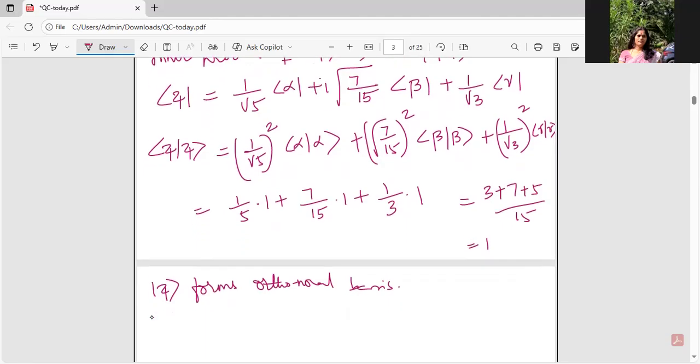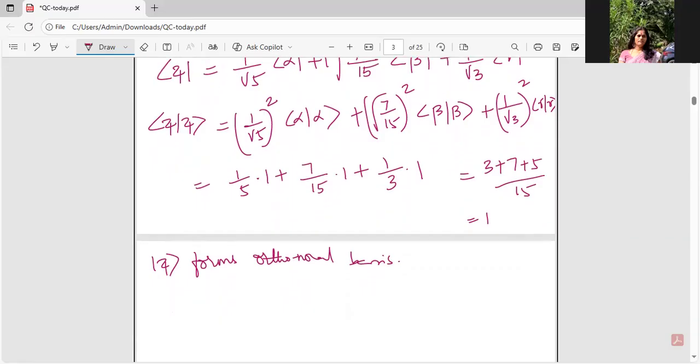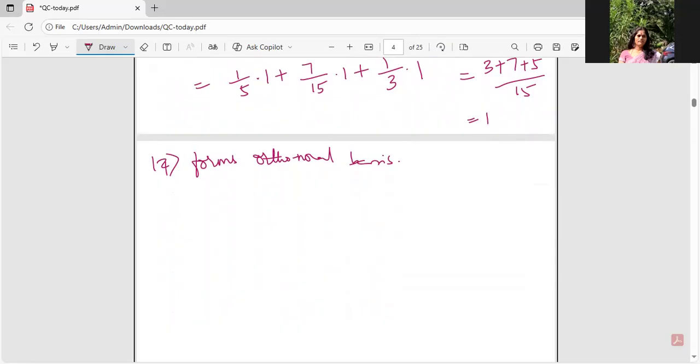Of course, along with this, you can also check this question. Another question I can discuss, I think this is the fifth one. You are being given a density matrix, guys.